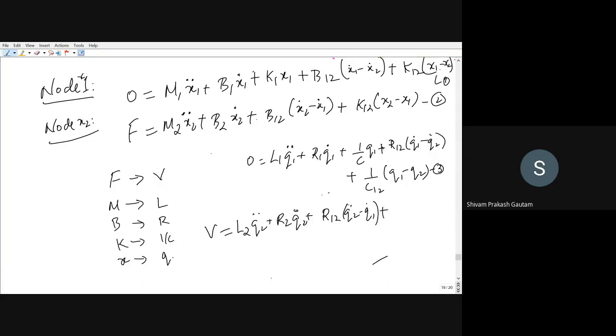Now K12, K is analogous to 1 by C, so 1 by C12, Q2 minus Q1. So this is equation number 4.